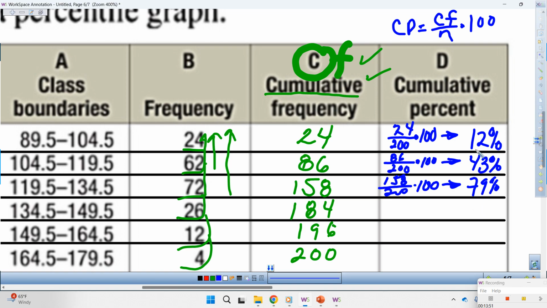We got 12, 43, 79, and 184 divided by 200 times 100. 92. Looks about right.